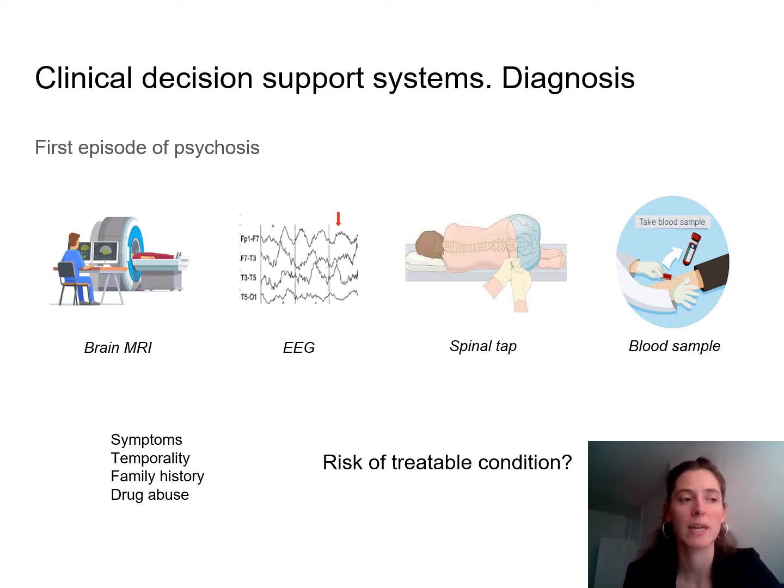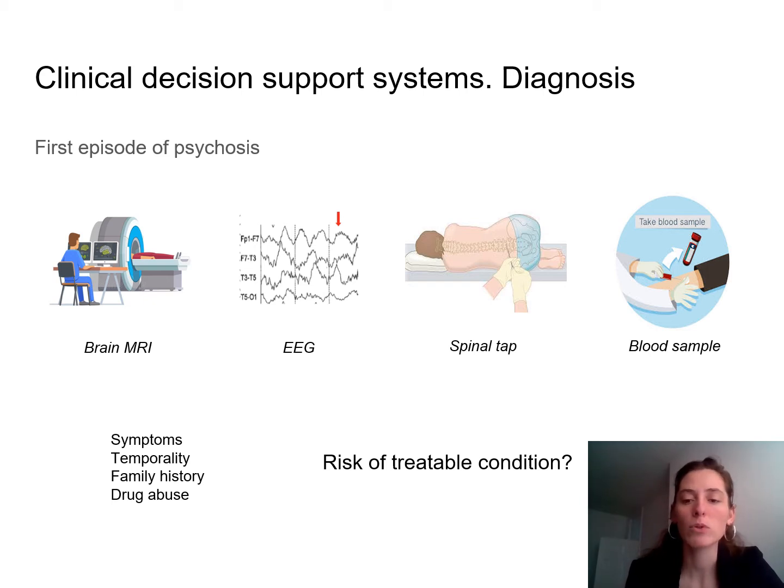The psychosis would be secondary to a brain or medical disorder. And to diagnose those patients, you need to do a battery of tests that you don't do routinely in psychotic patients, because it's not cost effective.